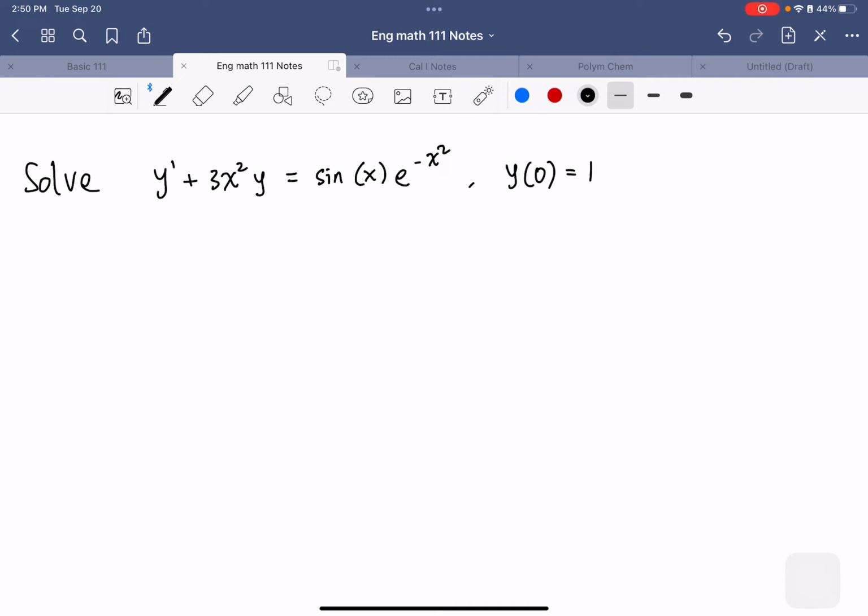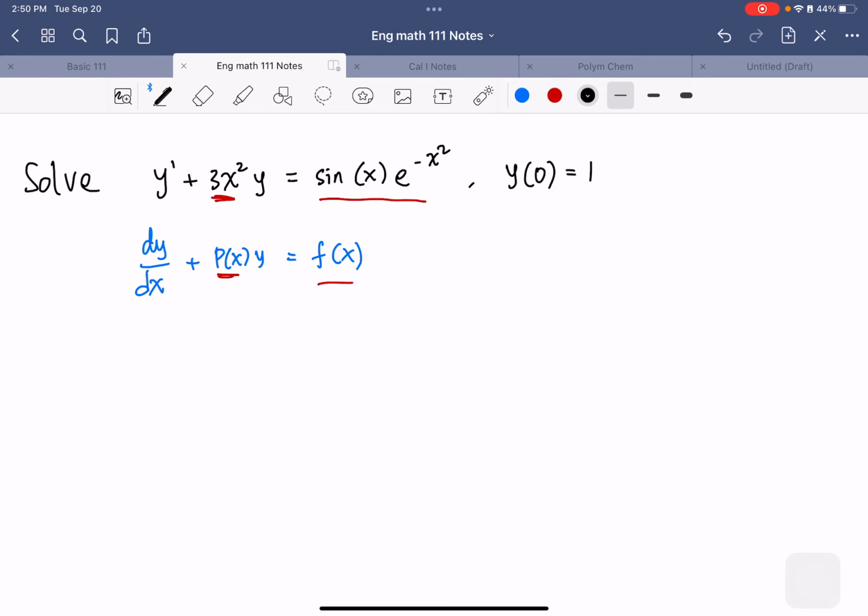This 3x squared, right? So we can start with maybe writing the standard form, okay, so that you can more familiarize with these techniques. This is p of x, y, and then f of x. So we'll say that this p of x is 3x squared, okay, and the whole f of x will be this.